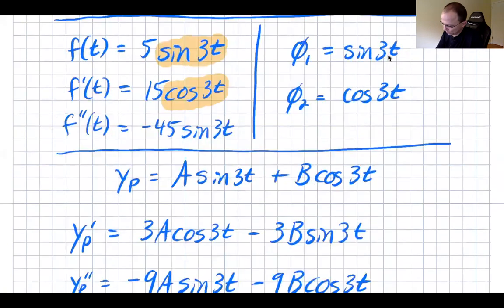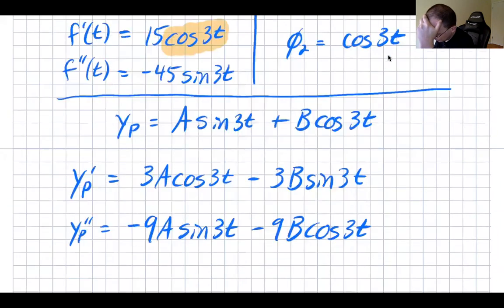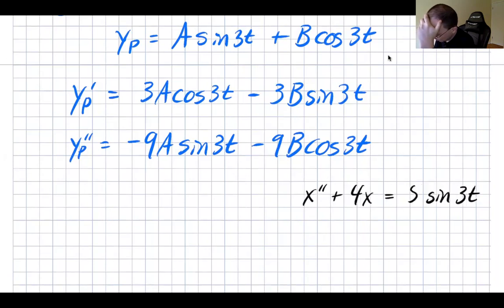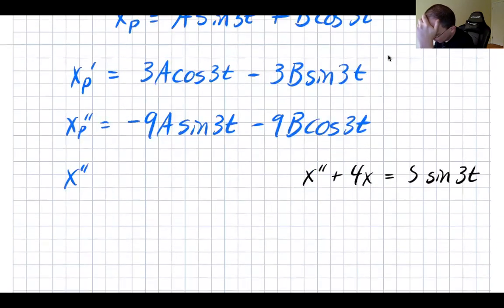Now we'll substitute those in. Let me rewrite the differential equation. I'm used to using y's, but in this case we're using x. So x double prime p plus 4 x p is equal to 5 sine 3t.